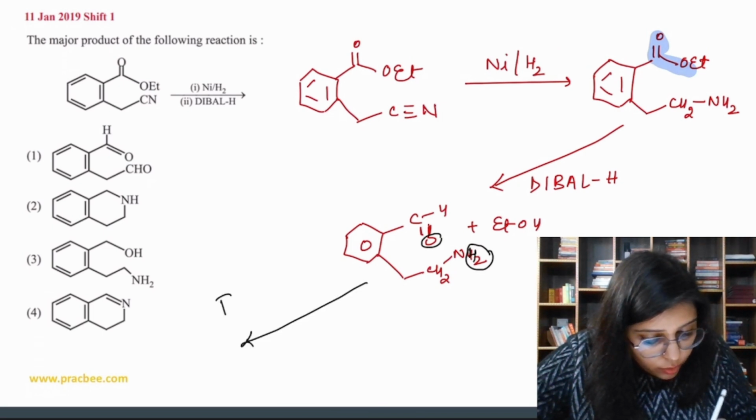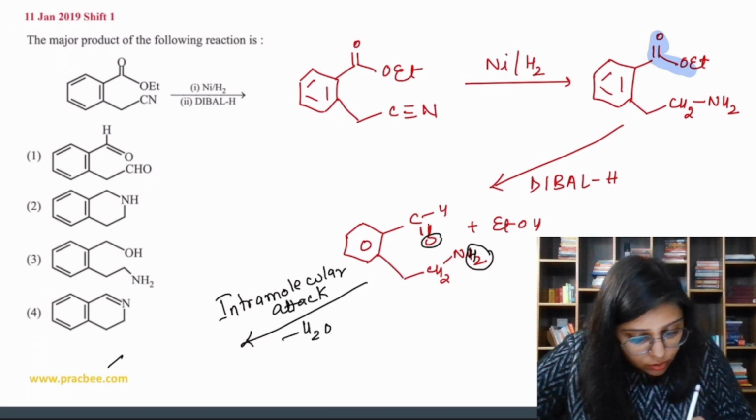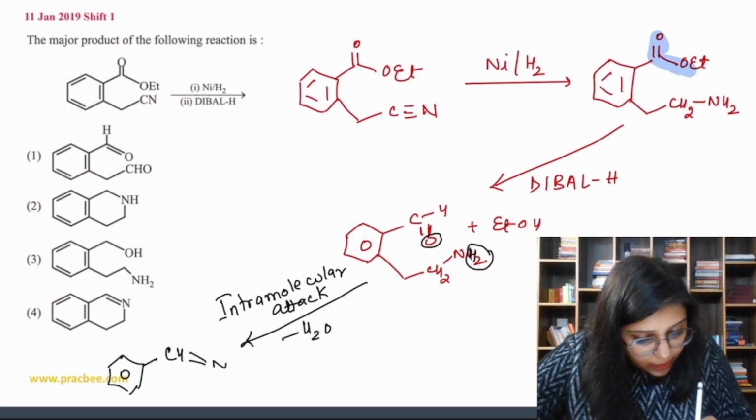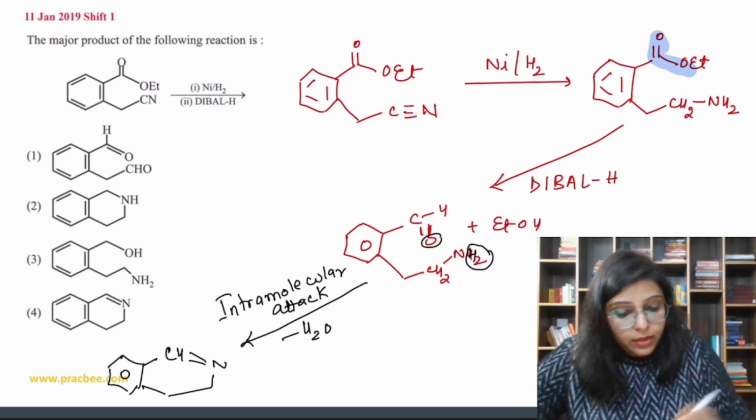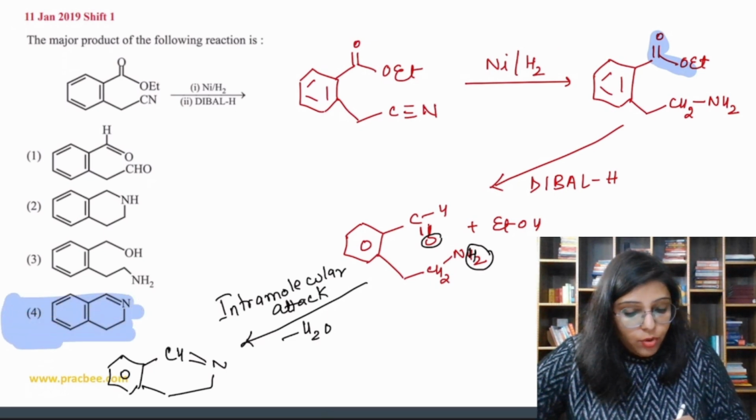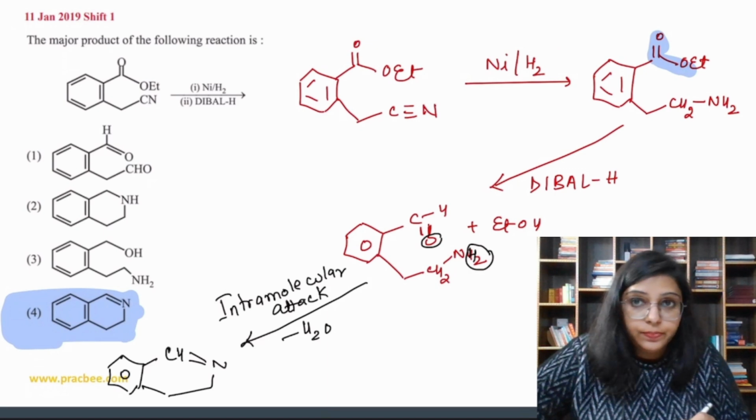So we are going to do intramolecular attack and we have to remove water. So we get CH double bond N, CH2 and this. Now comparing this, we can have option 4 as the correct answer.